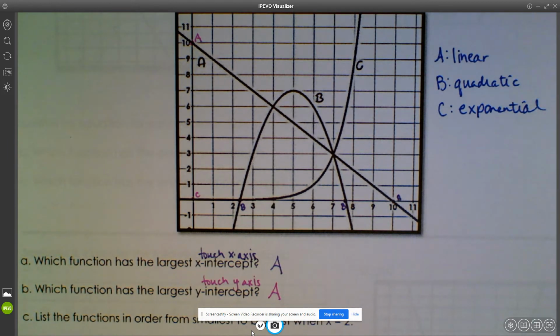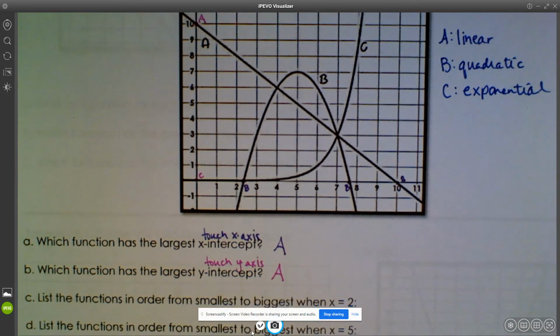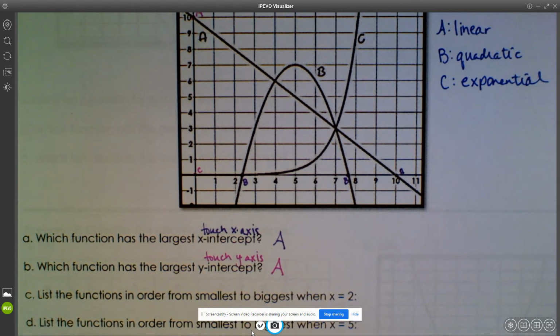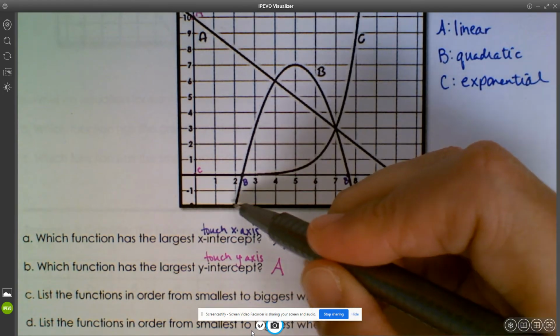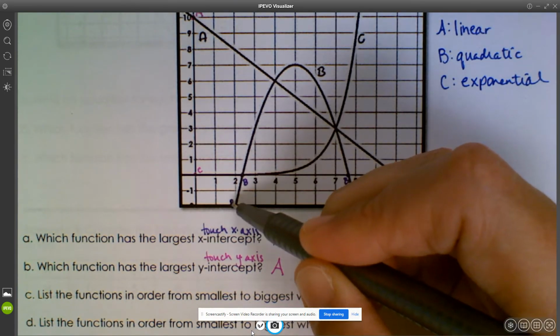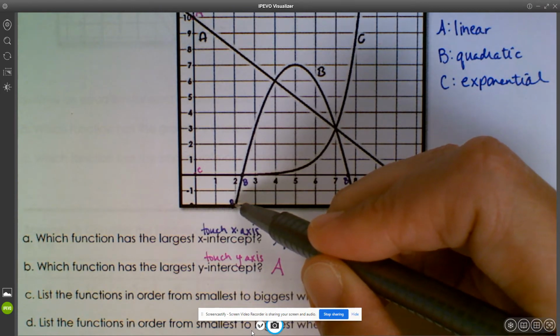All right, so now let's look at this next piece. Let's list the functions in order from smallest to biggest when x equals 2. All right, so let's find where x equals 2 on all of these. So here's where function B has x equals 2.